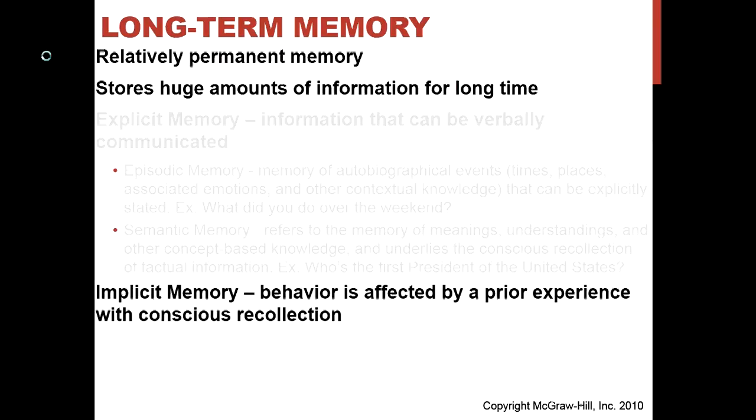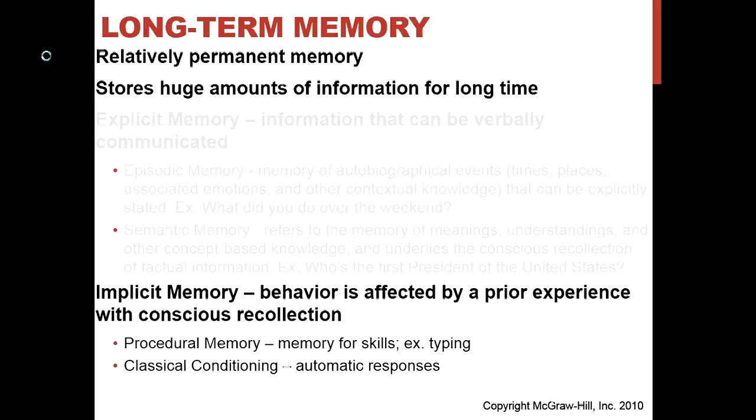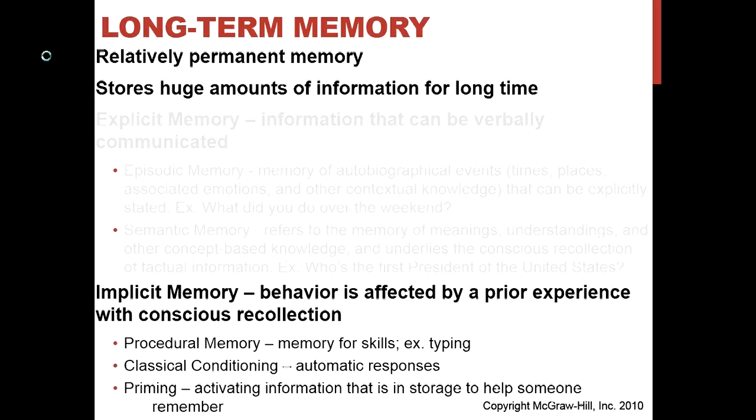The other type of memory that we have within the long-term memory store is implicit memory, and this is behavior that's affected by a prior experience without conscious recollection. So this goes along with a few different kinds. We have procedural memory, where we just have a memory for a skill. For example, typing. When we type something up, we typically don't have to look at the keys in order to type something.